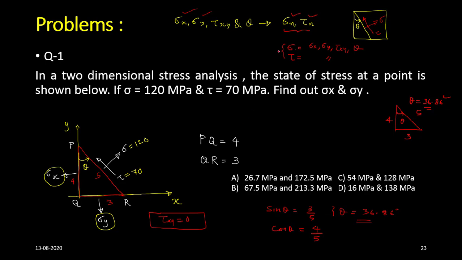We can use the equations for sigma and tau to find the value of sigma x and sigma y. The direct procedure using the equations is like this. Here is the stress block: here I have sigma y, here I have sigma x. I know this angle, and on this plane there is some normal stress sigma and some shear stress tau.